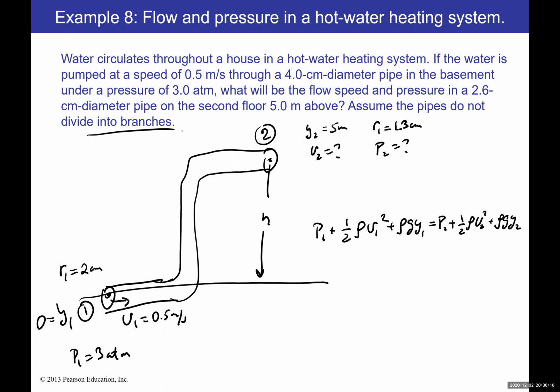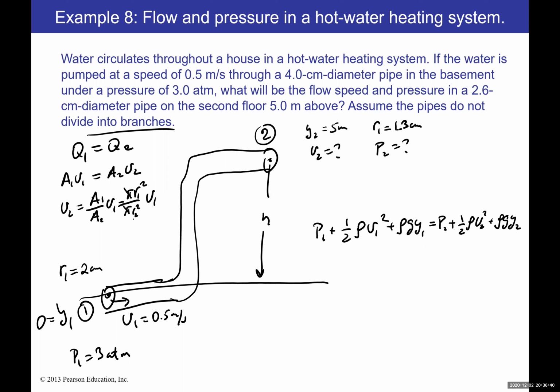So then we can assume that flow rate Q1 is equal to Q2, which means A1 V1 is equal to A2 V2. All right, then I can solve for V2 from here, which is A1 over A2 times V1. So I can say it's pi times R1 square over pi times R2 square times V1.